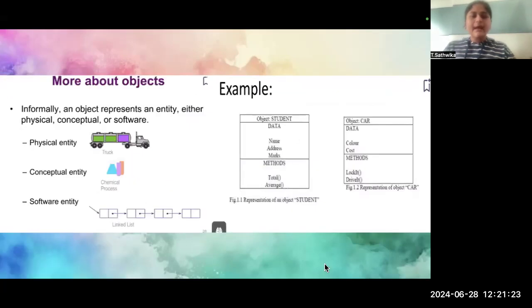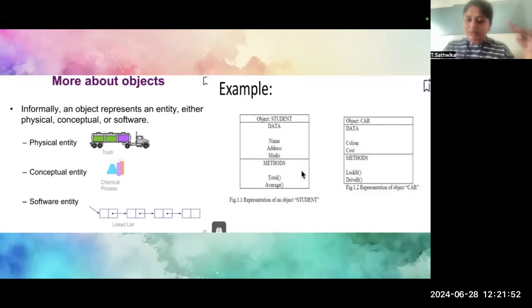Now, informally, an object represents an entity, either physical, conceptual, or software. So it can be a physical entity like a truck, a conceptual entity like chemical processes, and a software entity like the linked list we have seen. The example involves, suppose let's look at student data, and the student has their own name, address, marks.